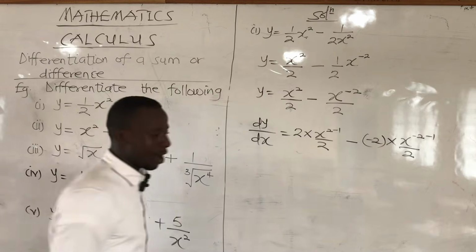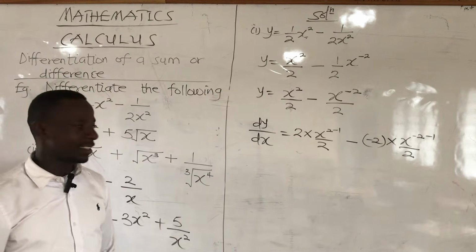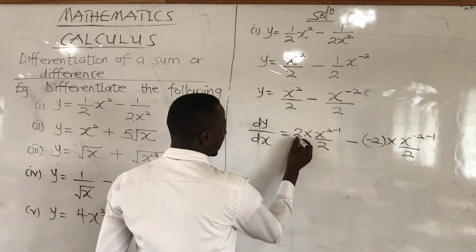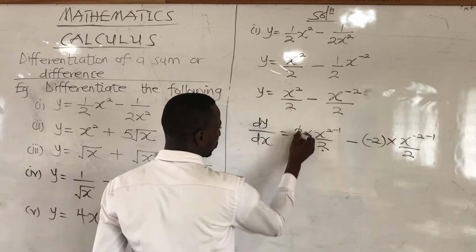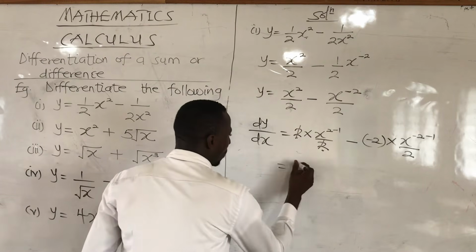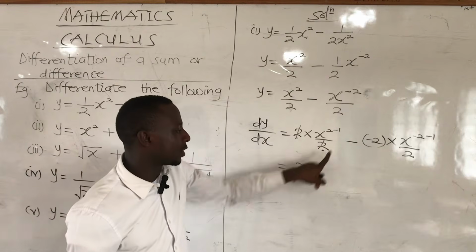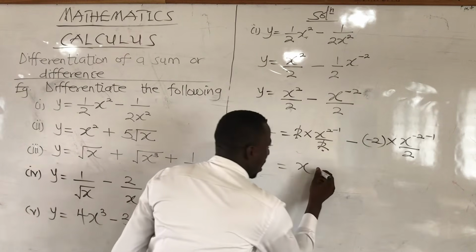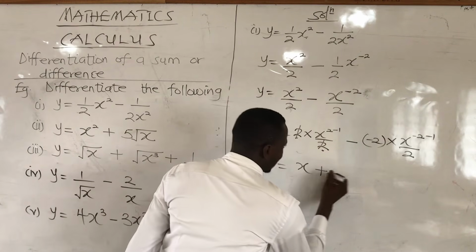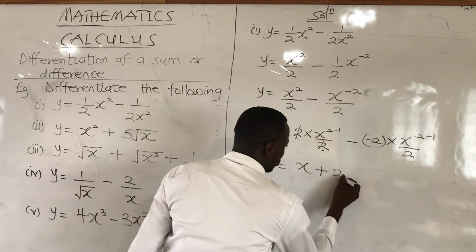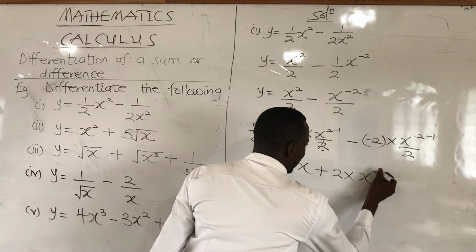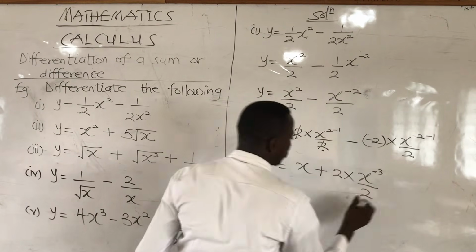Then you still take 1 from it. From here, this 2 will cancel the 2 here. We have x, just x, because 2 minus 1, we have 1. Plus, negative is plus 2 times x power negative 3 also over 2.